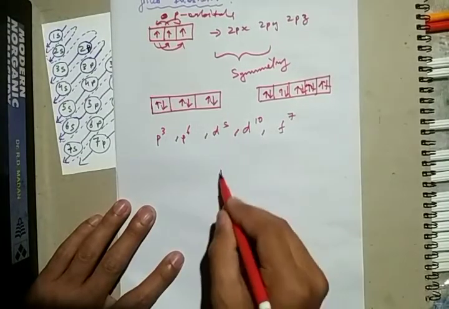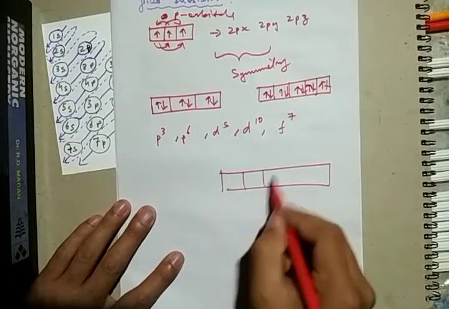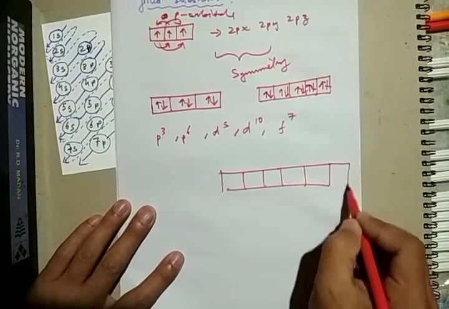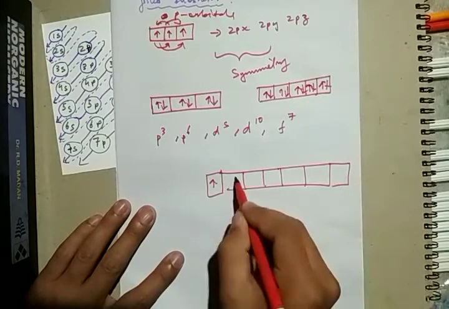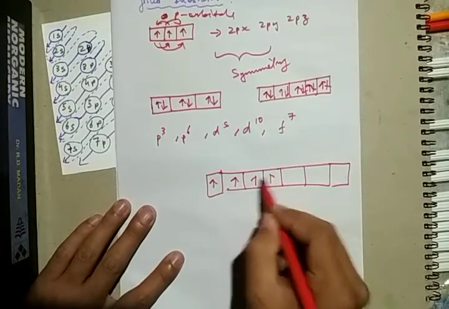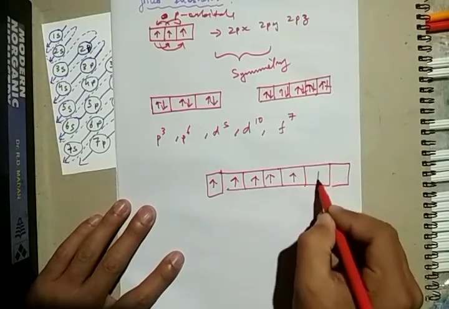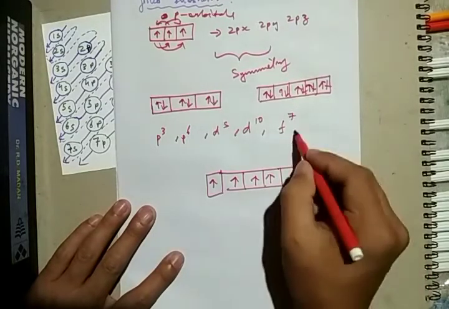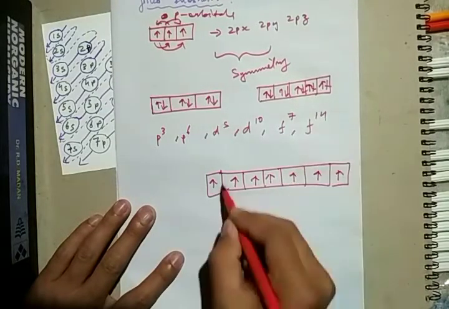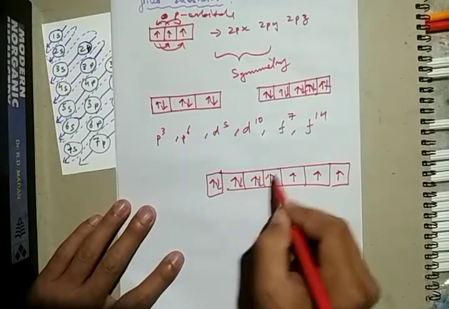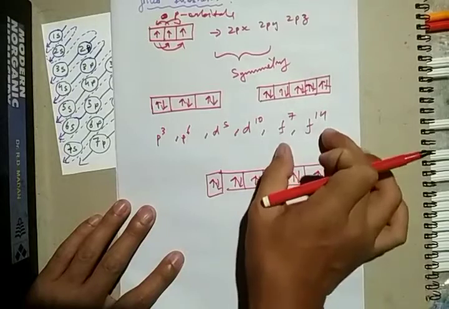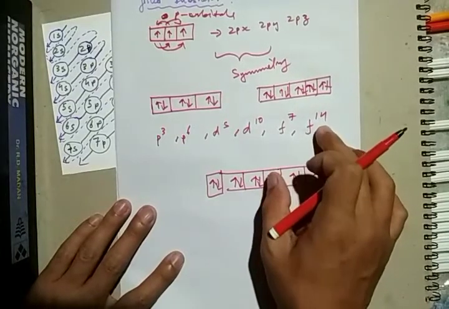F7, so 7 orbitals will be there, half filled, they are stable. F14, so 14 electrons will be here, fully filled, they are more stable.